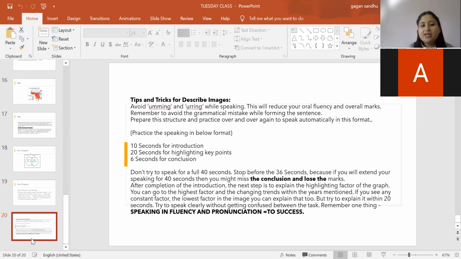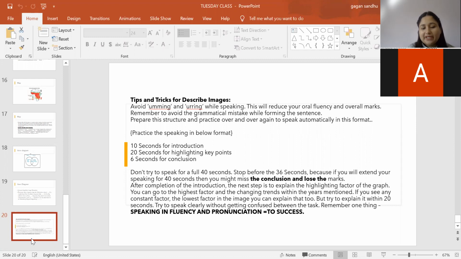The basic things. Avoid umming and ahhing while speaking. If you are umming or making sounds of thinking, you are losing score on that. So it is very easy to retain those scores by not making any sound of thinking like umming and ahhing or fumbling, right? This will reduce your oral fluency and overall marks, of course.